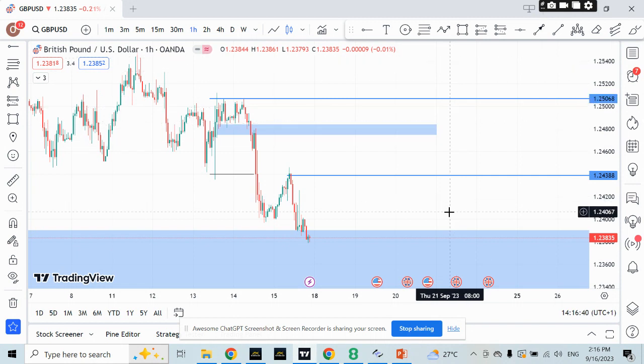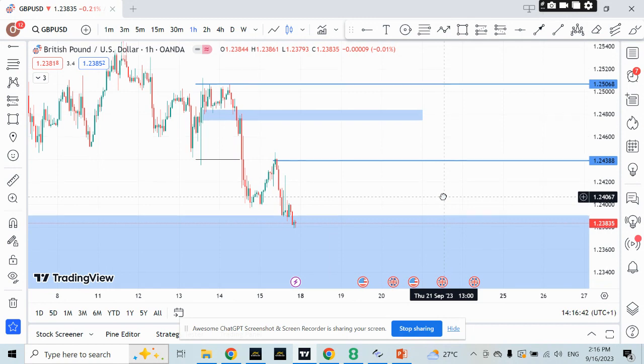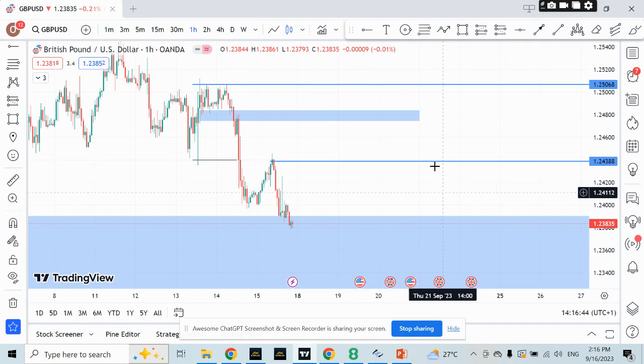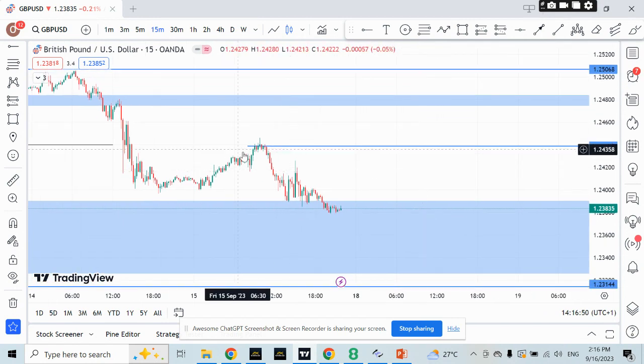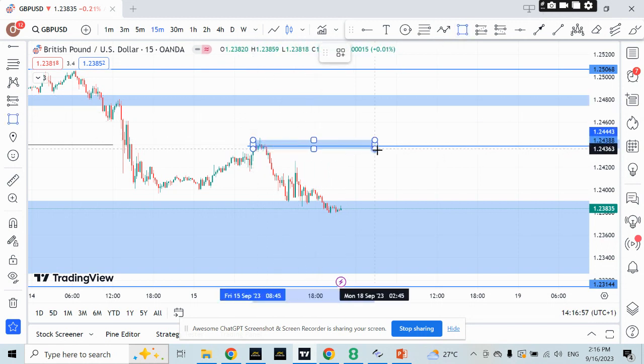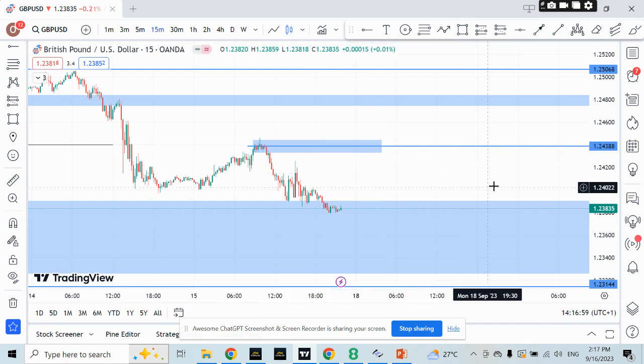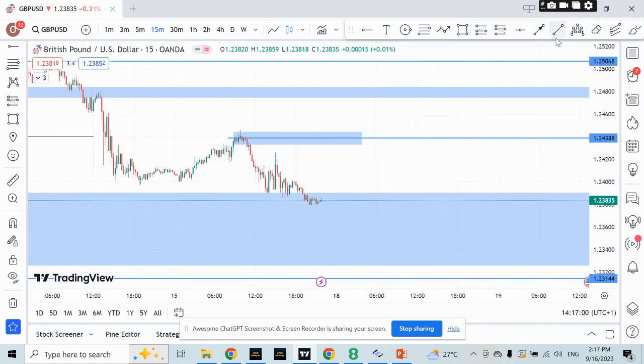But this is actually higher time frame. So a point of entries on the lower time frame, it's on the 15 minutes. And note this is a supply zone which we have here.